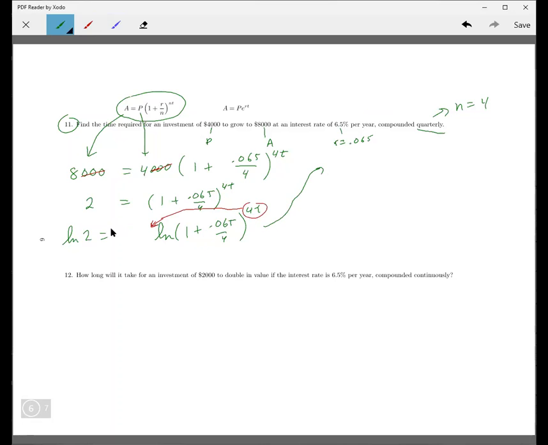Let me put this on the left and then this on the right, okay? So you have this t right here. We'll take the 4 and all this logarithm and we'll divide both sides by that. And that gives us this. Like that. Okay, now they want us to answer to 2 decimal places.